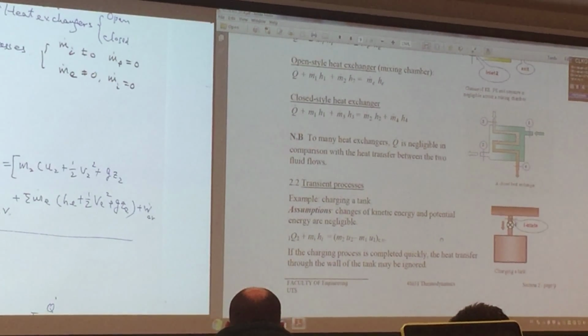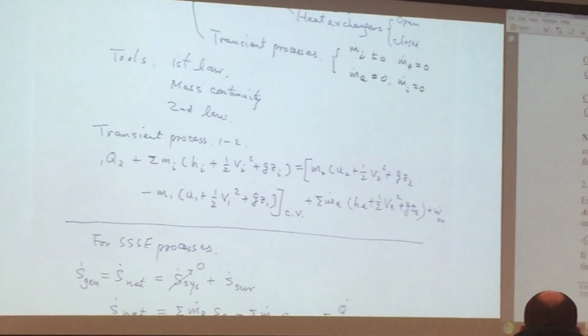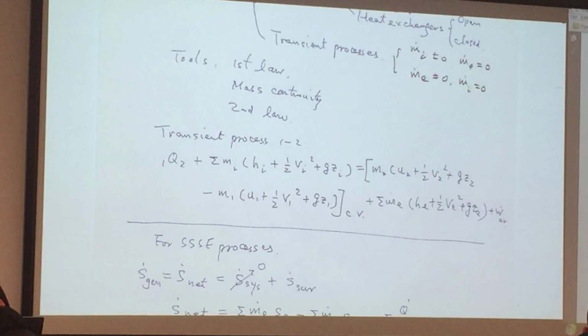So for the transient process, and also mass continuity, for example, M2 is equal to M1 plus Mi. The final mass in the tank should be equal to the mass originally here plus the mass flow in. And because the mass flow in is at a constant state, the state is not changed.